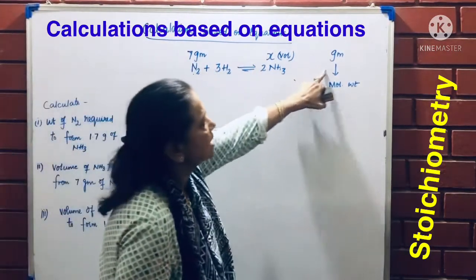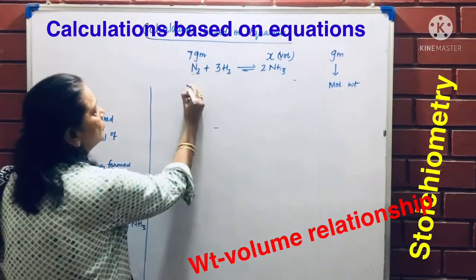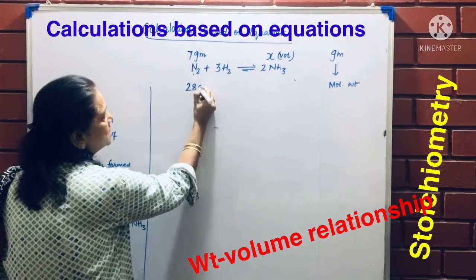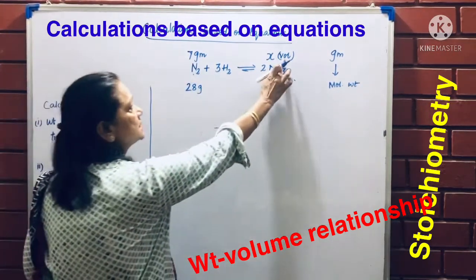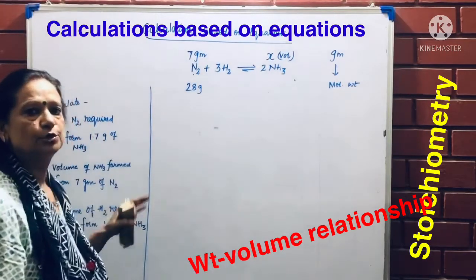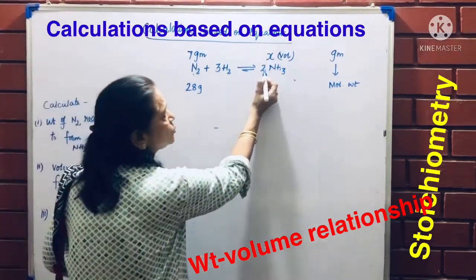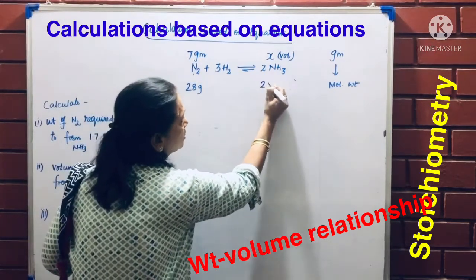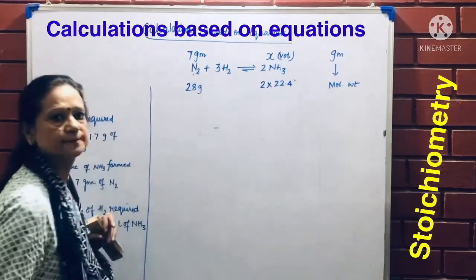Again, if it is grams, I have to find out the molecular weight. So I'll write down below this 28 grams. 14 into 2, 28. Now this is in volume, and in volume always take 22.4 liters, and this 2 is also here, so I'll say 2 into 22.4 liters.